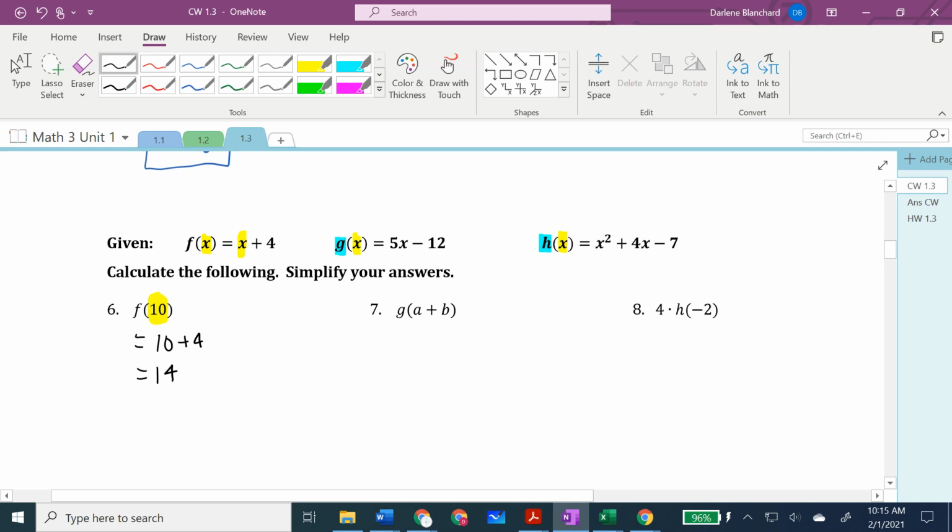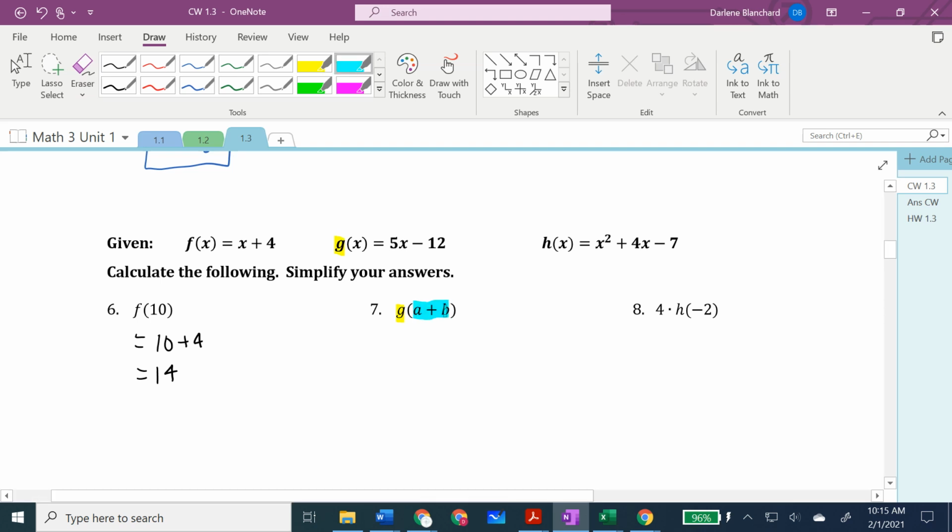You want to know that in number 7, when it says g of a plus b, what they're wanting you to do is go over to the g function. I'm going to erase all this excess so we can focus on that. So I've got the name of my function is g.